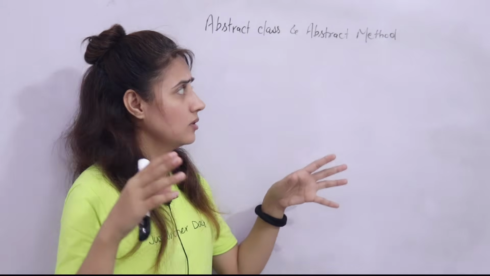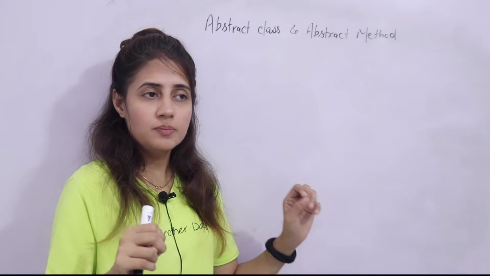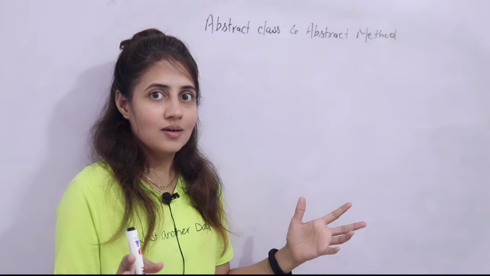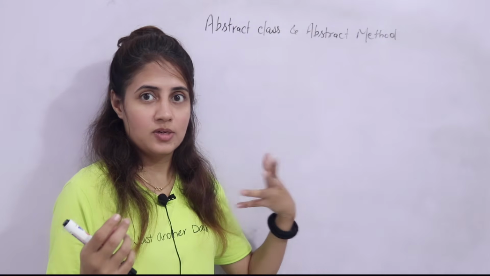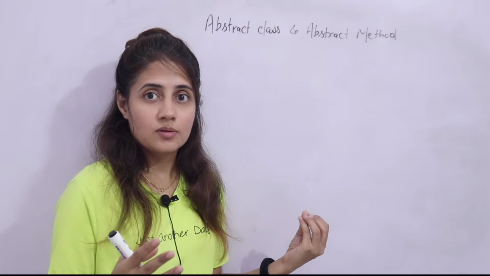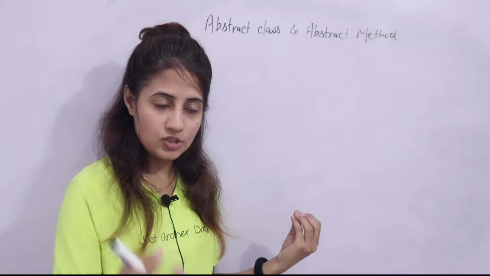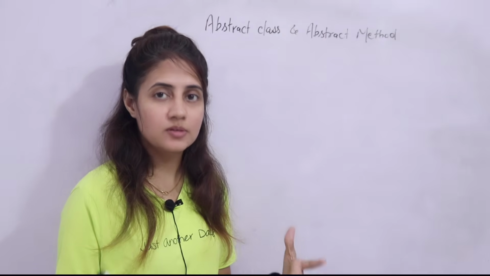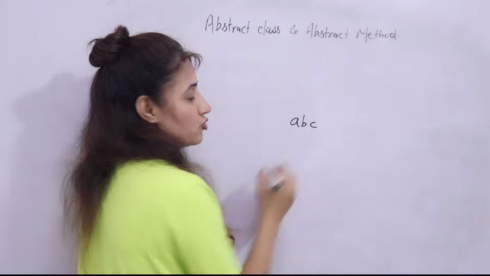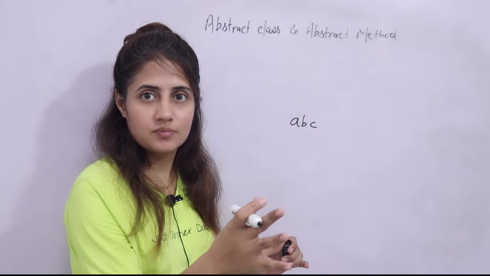Now let me first tell you one thing. Python by default doesn't support abstraction, like we have in C++ and Java. But yes, we can achieve abstraction in Python because we have a module ABC, abstract base classes.